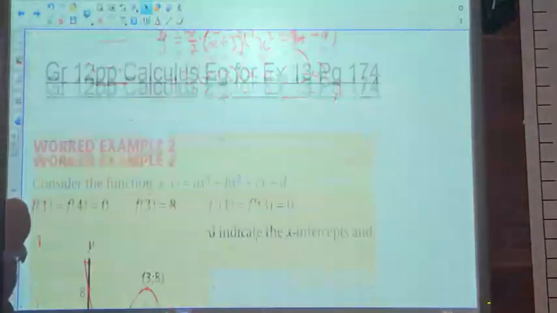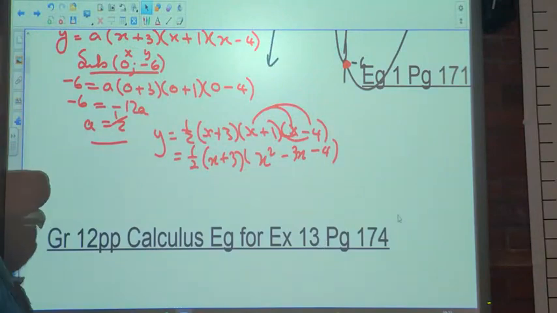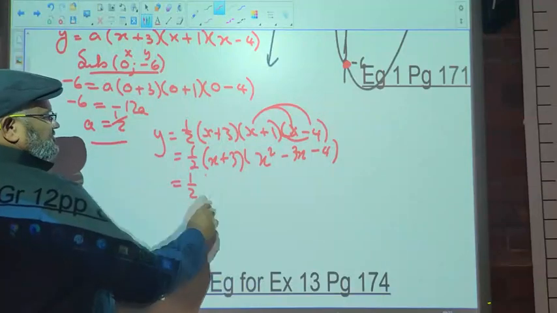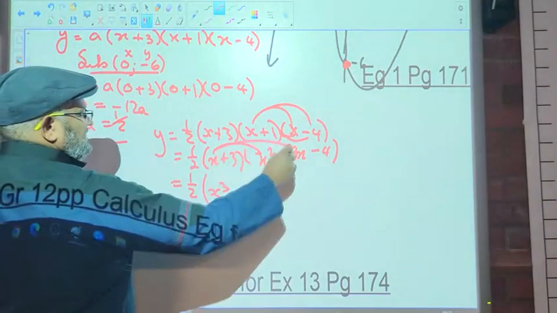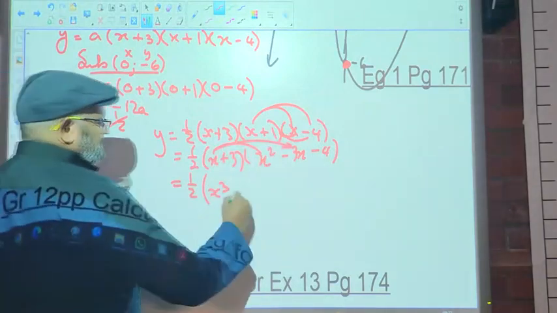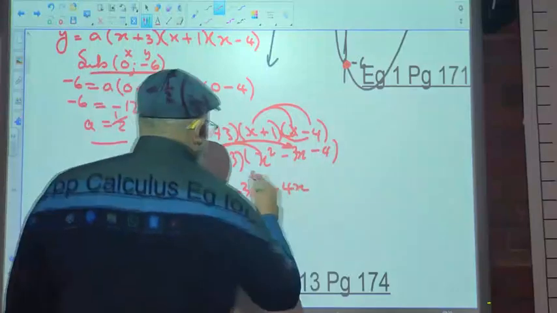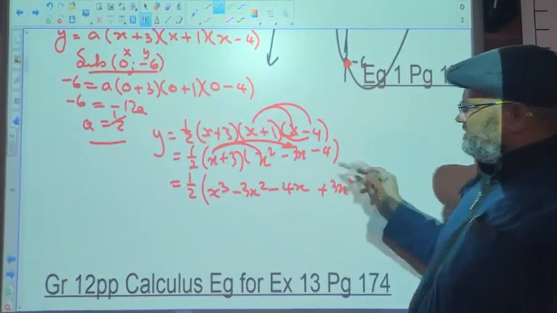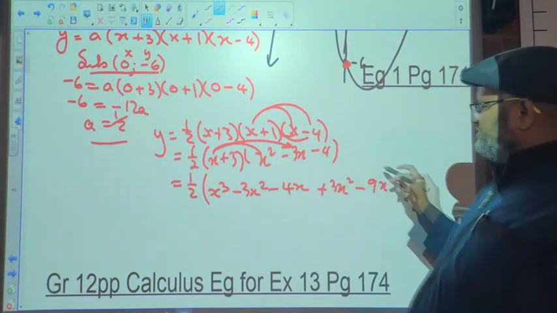Go further and multiply this one. Now give me a half into, now x times x squared is x cubed. x times negative 3x, negative 3x squared, minus 4x. Multiply here, it will be plus 3x squared, minus 9x, minus 12.